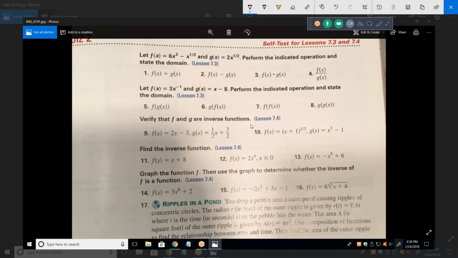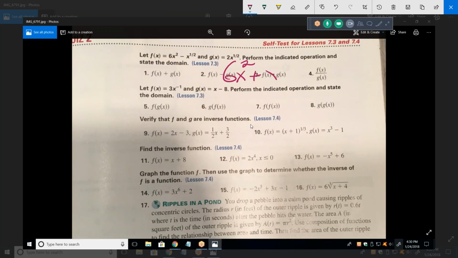Okay. The first one ended up, when we added the two, we had 6x squared, and we had minus x plus 2, so it was plus this.